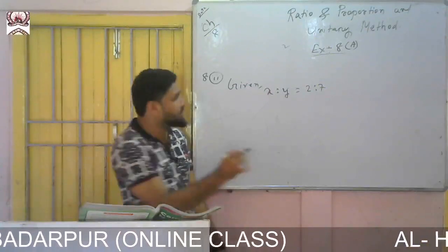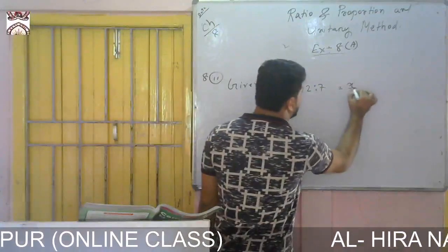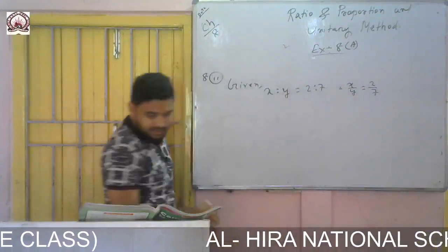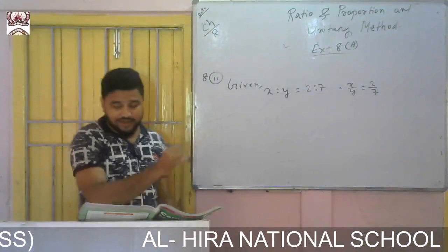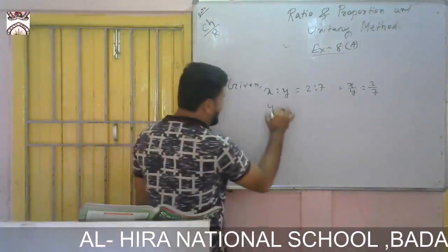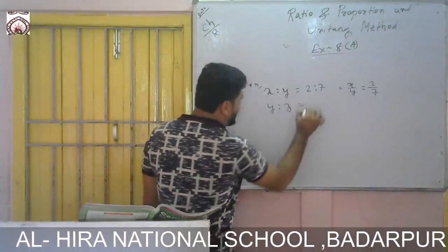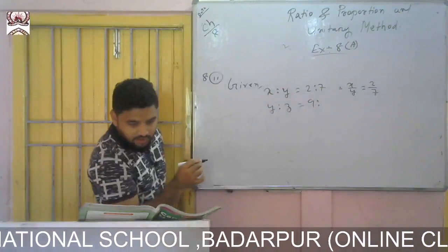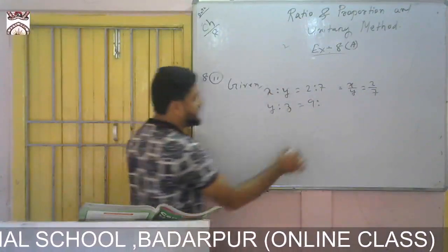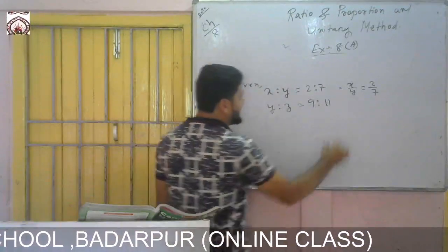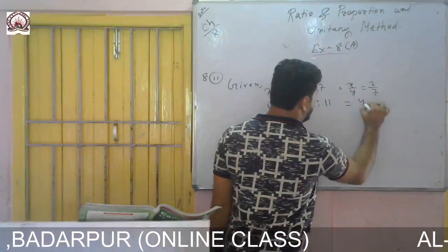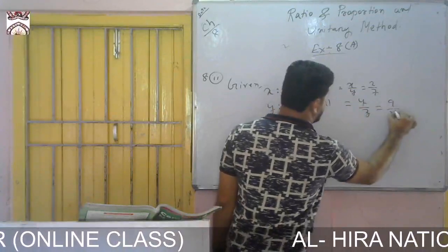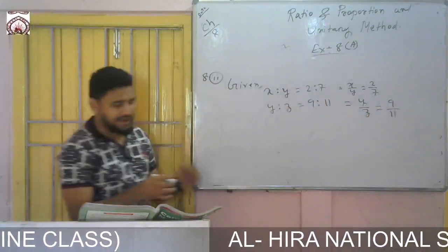So that means I can write x by y equals 2 by 7. Okay. And next, y is to z equals 9 is to 11. That means y by z equals 9 by 11.